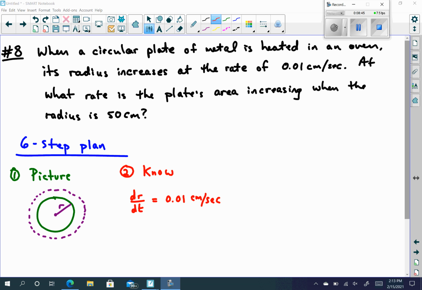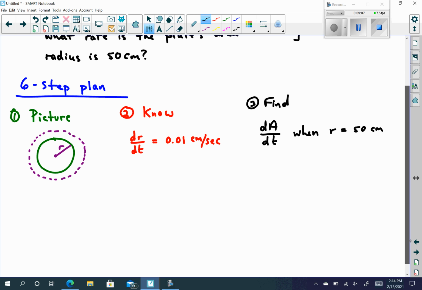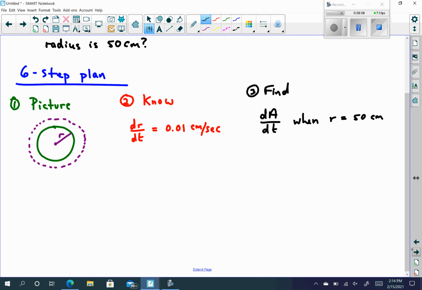Because the radius is increasing, it's going to be a positive rate of change. All right, next, what are we asked to find? We are asked to find the rate of change of the area, so dA over dt, when the radius is equal to 50 centimeters. So it gives us a certain point or an instant when we want to calculate this.